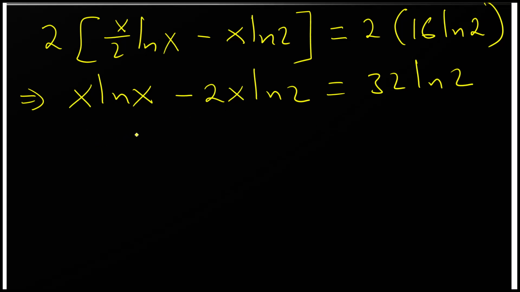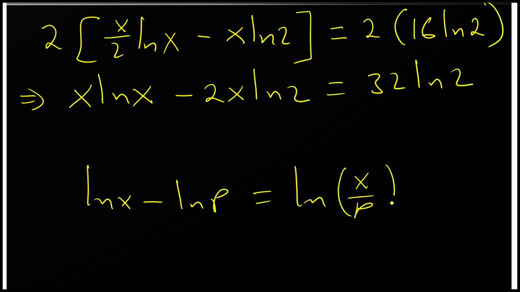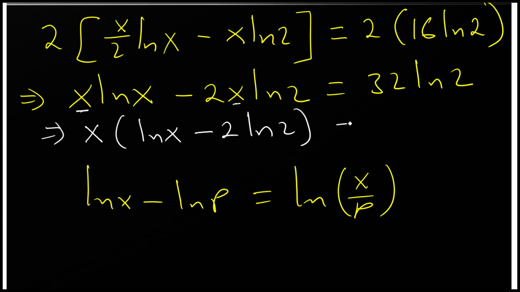Okay, now from here, when you have ln of x minus ln of p, this one is the quotient rule, ln of x on p. So before that, we can take the x out here. So that will be x out, ln of x minus 2 ln of 2 equals 32 ln of 2.